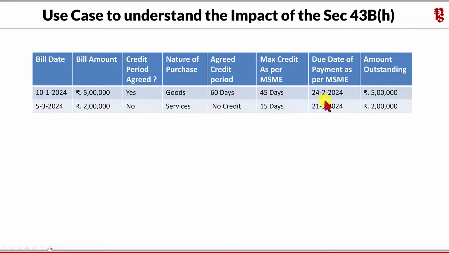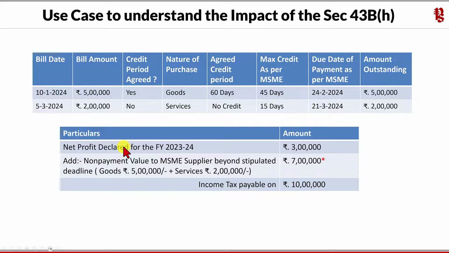Now what is going to be the impact of this as per section 43B(h)? If you take your P&L account, let us say the company's net profit declared for the financial year 23-24 is 3 lakhs. Since both the bills are outstanding, both these amounts have to be added back to the income.